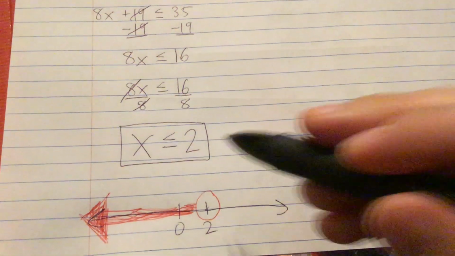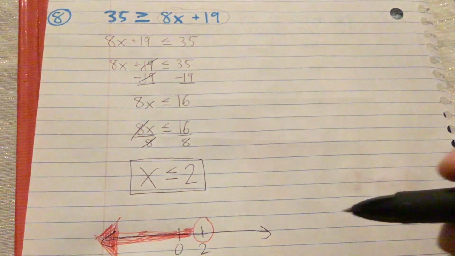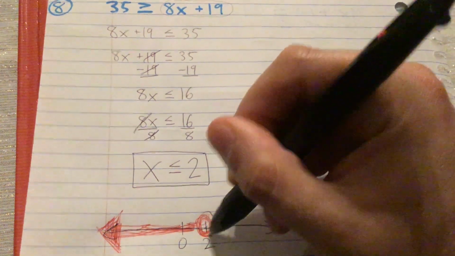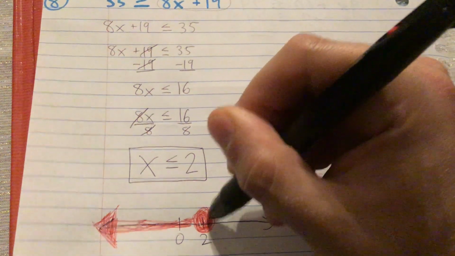So that's going to be to the left of the endpoint. And is 2 itself invited to the solution set birthday party? Less than or equal to means yes. So any real number, 2 and under, is legal for x.